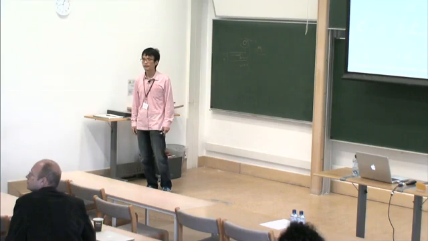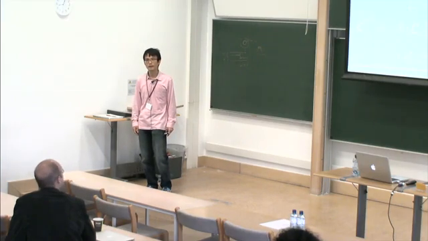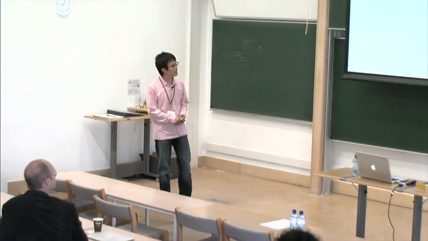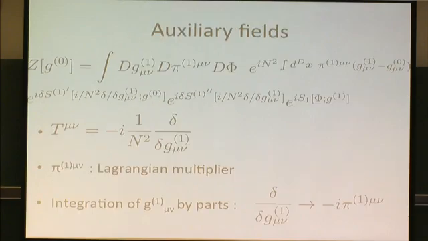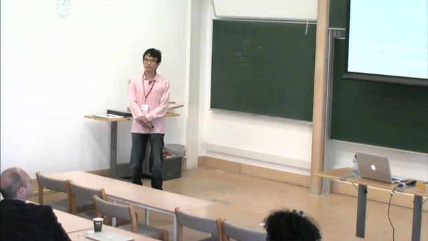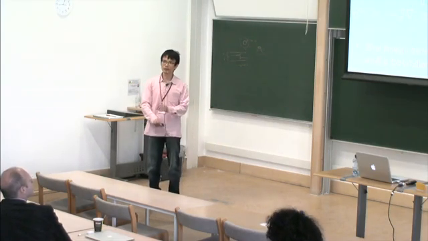Yes, please. There should be something for conventional field theories that fixes the sign of your cosmological constant to be negative. Right. Do you have any idea what that is? No, I don't. So maybe, I don't know what feature of field theory determines the sign of the Casimir energy.